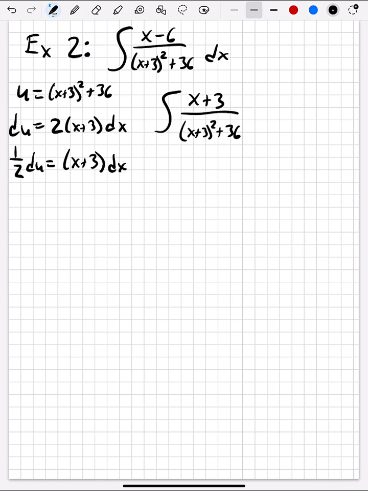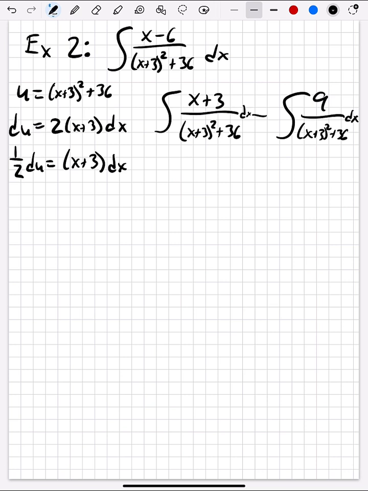To make that still be true, I'm going to say minus 9 over the denominator. x plus 3 minus 9 would still be x minus 6, so I haven't changed the value in any capacity. I just rewrote it to where I have something with a du that I can replace. And now I can use some inverse trig for the second one.